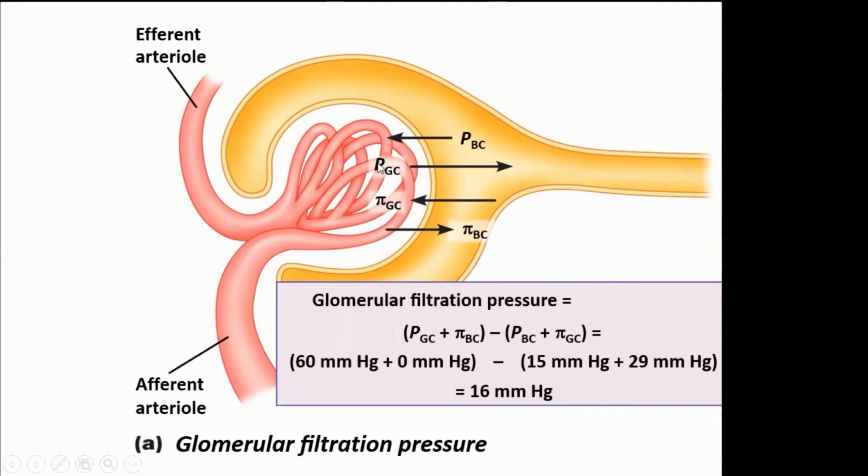We have our hydrostatic pressure from the glomerulus going this way. We have our hydrostatic pressure from Bowman's capsule going the opposite way. We have our oncotic pressure from Bowman's capsule moving us towards Bowman's capsule. We have our oncotic pressure from the glomerulus moving us towards the glomerulus.